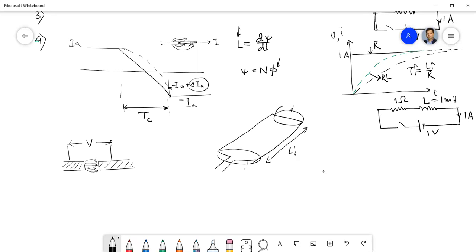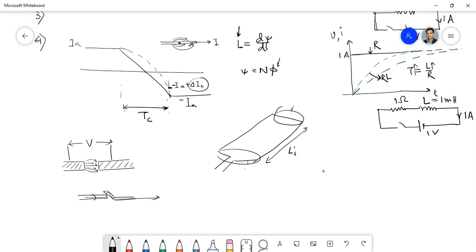Now in a circuit, suppose you have a switch in the circuit. When the switch is closed, there is some current flowing through this. This is how the current is flowing. Now if suddenly the circuit is opened, what will happen?